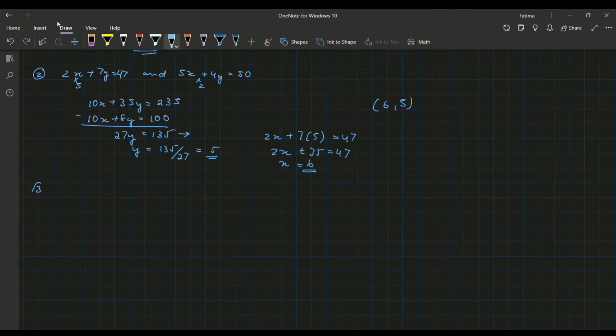Now for the next question, we have to find the equation of a line that goes through the point (-2, 5) and is perpendicular to the line y = 3x + 1. We also have to find the points of intersection.